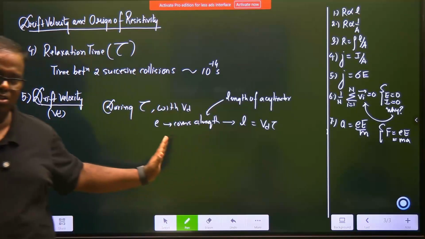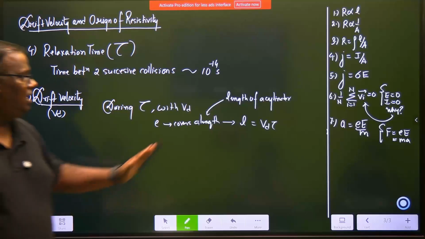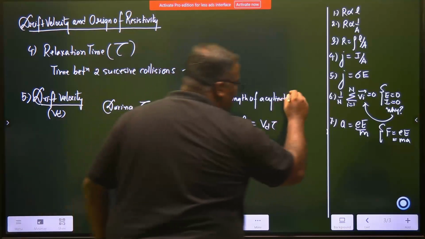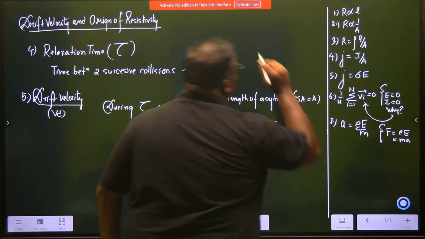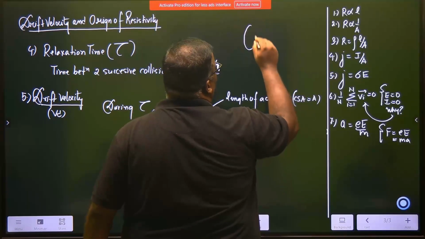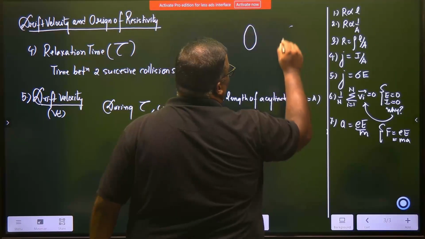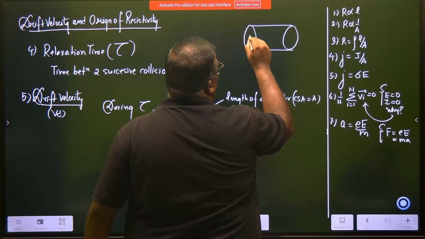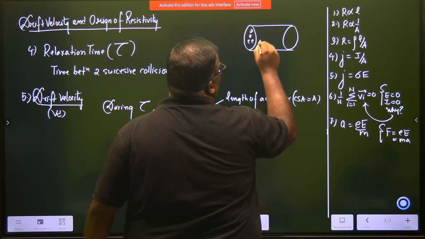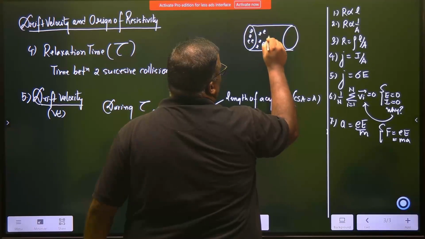Is this concept understood? And I say length of a cylinder, and further I say the cylinder whose cross-sectional area is equal to A. So it's something like this. Children, this is not a conductor. This is all electrons.